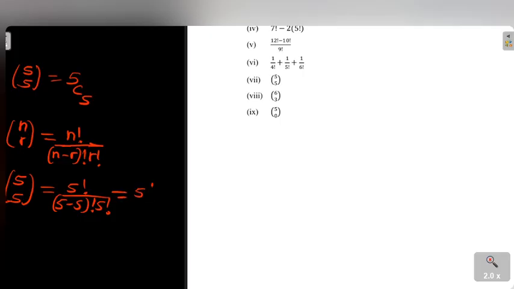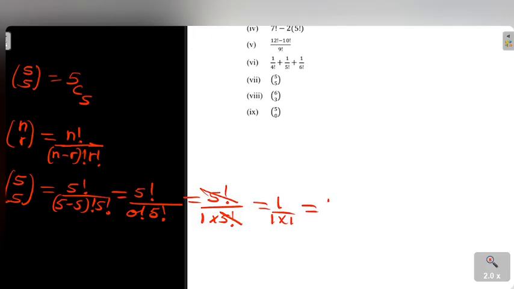That is 5 factorial over 0 factorial, that's a 1, times 5 factorial. So 5 factorial and 5 factorial cancel. You have 1 over 1 times 1, which is equal to 1. So 5 combine 5 will give us 1.